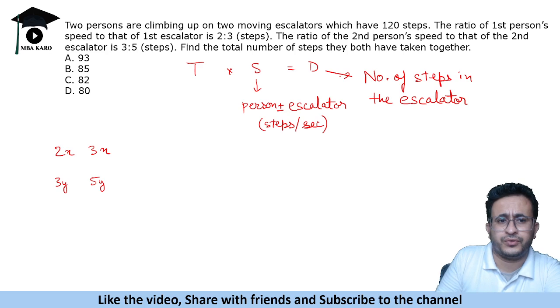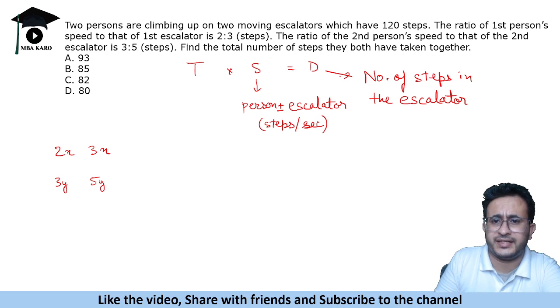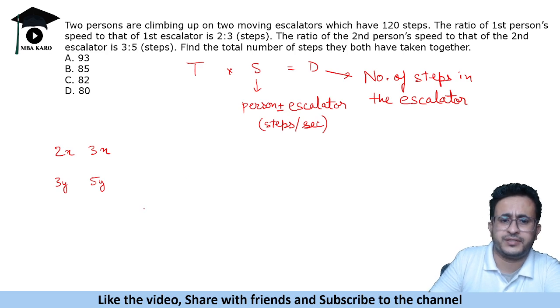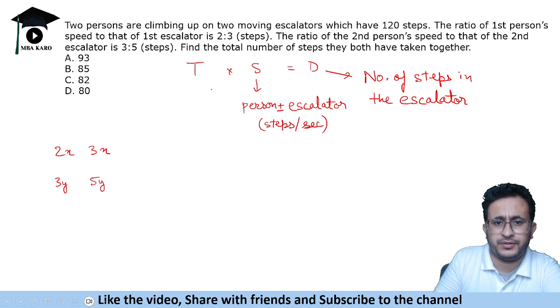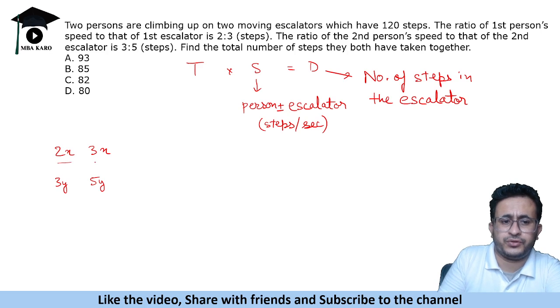So they are climbing two escalators that have 120 steps. Now we have to find the total number of steps they have taken together. When we see this first escalator, time taken we need to find out. The distance is 120. What is the speed?